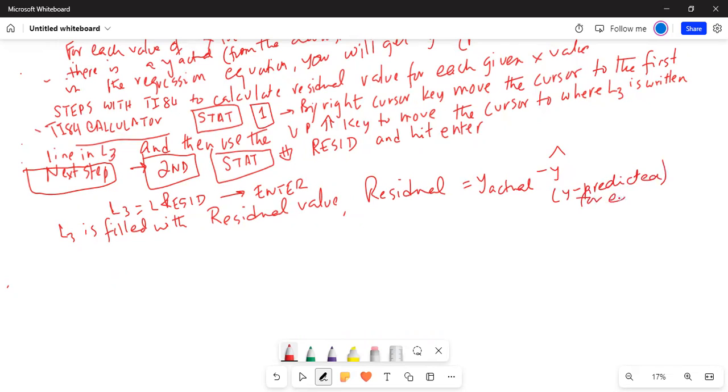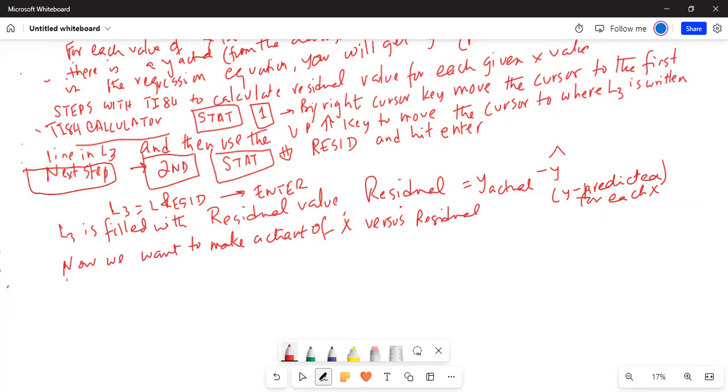Now we want to make a chart of x versus residual. How do you do that?